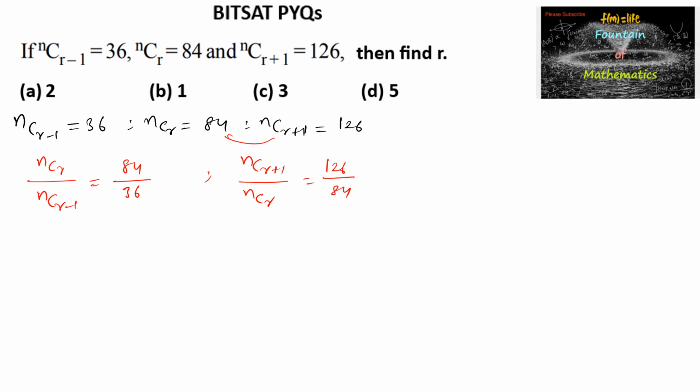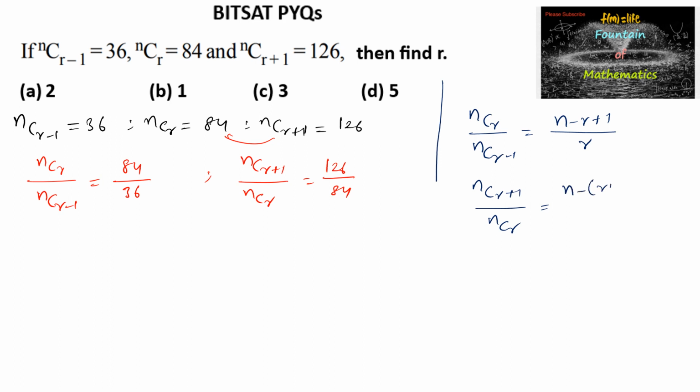And let's use the property nCr upon nCr minus 1 is equal to n minus r plus 1 upon r, and nCr plus 1 upon nCr is equal to n minus r upon r plus 1.